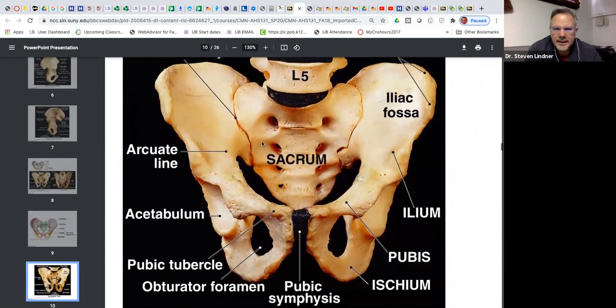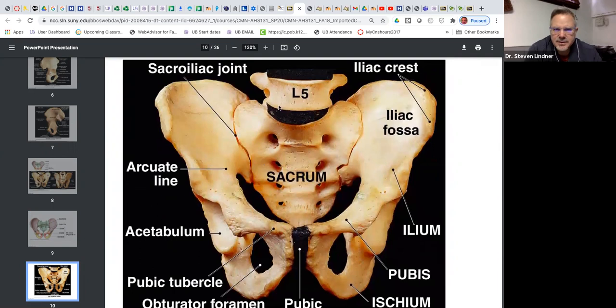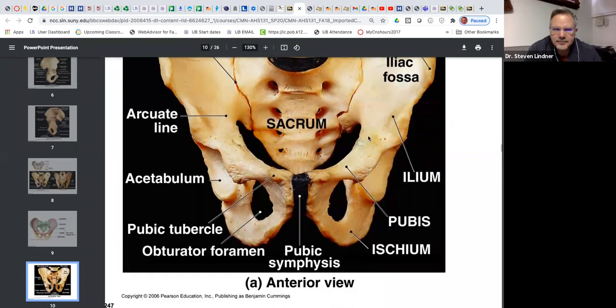Okay, again, same structures. Here's your sacroiliac joint. Here's your iliac crest. Here's your iliac fossa. Here's the acetabulum, obturator foramen, pubic tubercle, ilium, pubis, ischium.